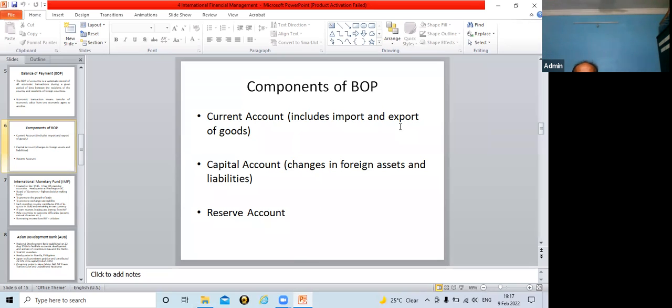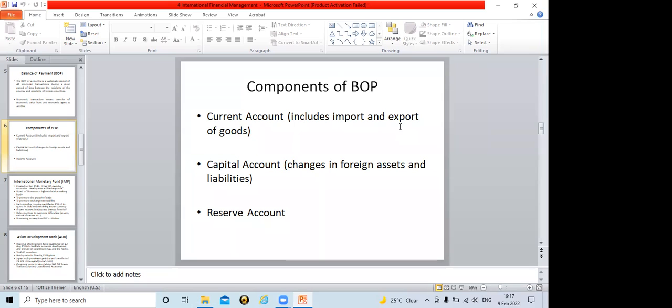So if I ask you, which will be the best for the country, the first transaction or the second one? More export or more import? Which is good for the country? Sir, more export.